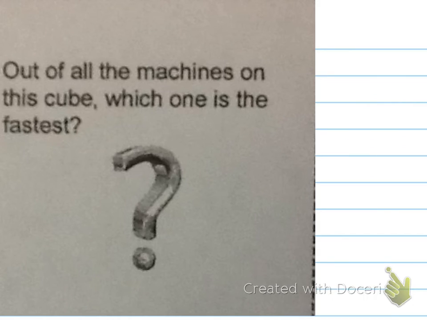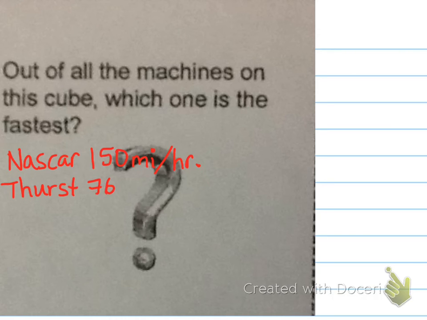So now we have done all these calculations. It says, out of all the machines on the cube, which one is the fastest? If we go back and take a look, the NASCAR was 150 miles per hour. The Thrust car was 760 miles per hour. The boat was 318.6 repeating miles per hour.